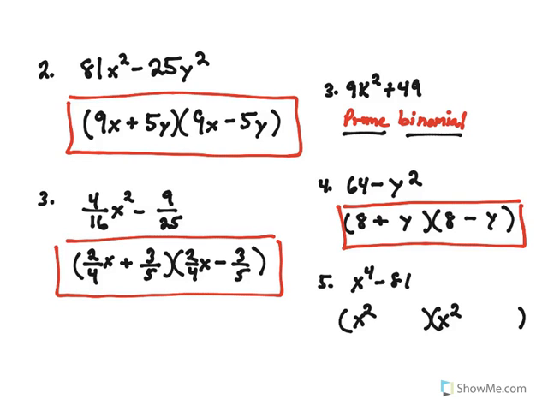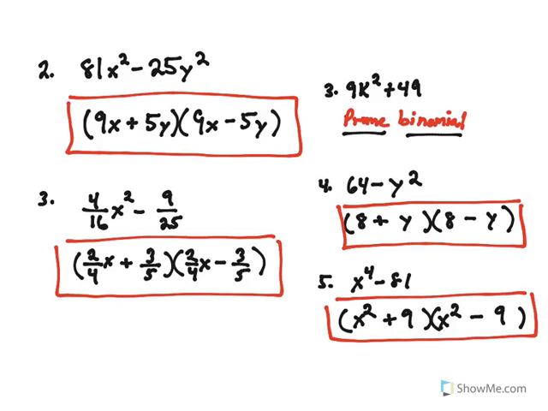So when you're multiplying the same base or variable, you add the exponents. 2 and 2 is 4. What times what is 81? That's going to be a 9. And then, of course, one's plus, one's minus. Okay? So it's pretty straightforward, all right? You can find the difference of perfect squares very easily, okay?